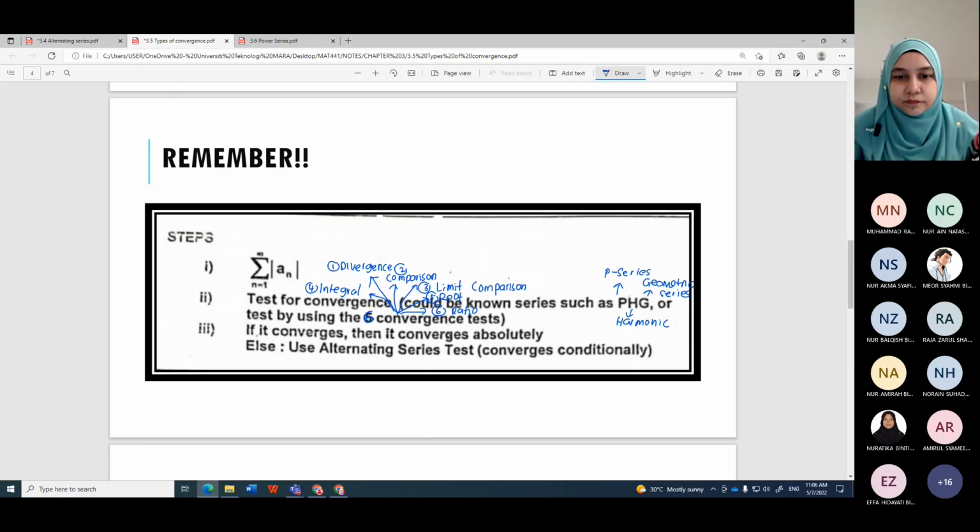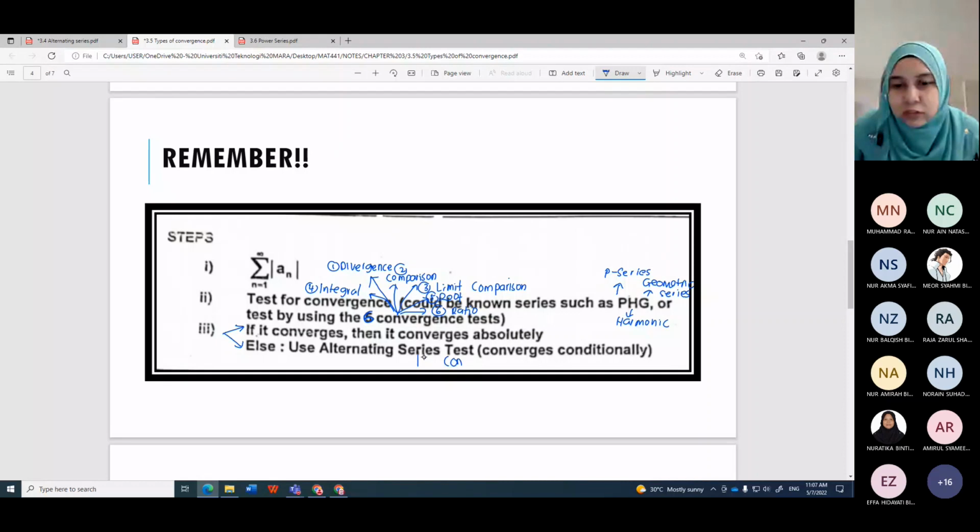Okay, if the series diverge, so we can use the alternating series test. If the alternating series test converge, ni ada 2 lah.